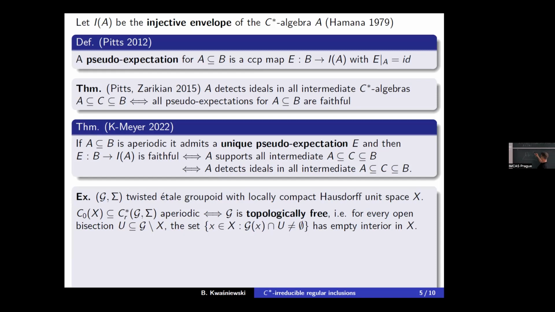So what is a bisection? A bisection is a set of these arrows where the range and domain maps are injective. So I write the domain or source of U, and we have the range of U, and we have a bunch of arrows here, and this set of arrows forms this bisection U.